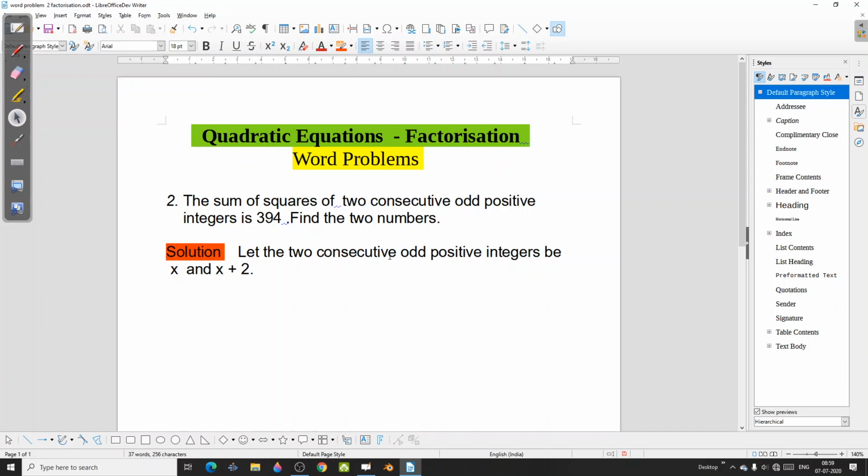Consecutive means one after the other. So these are the two consecutive odd positive integers, x and x plus 2.